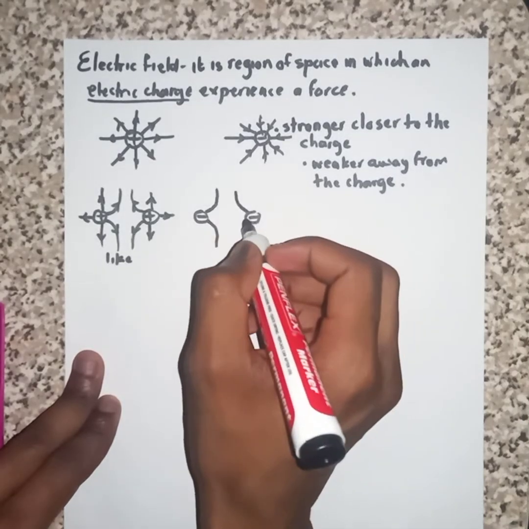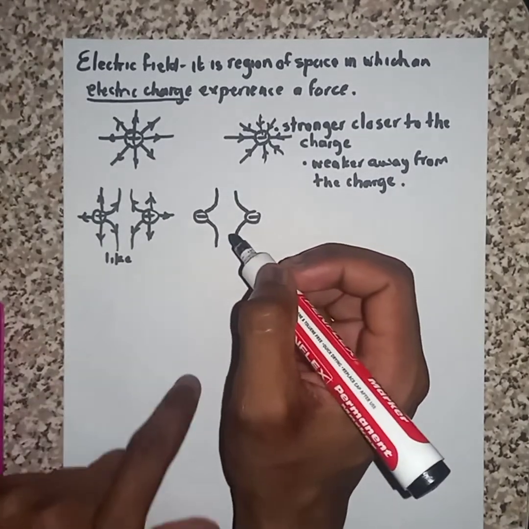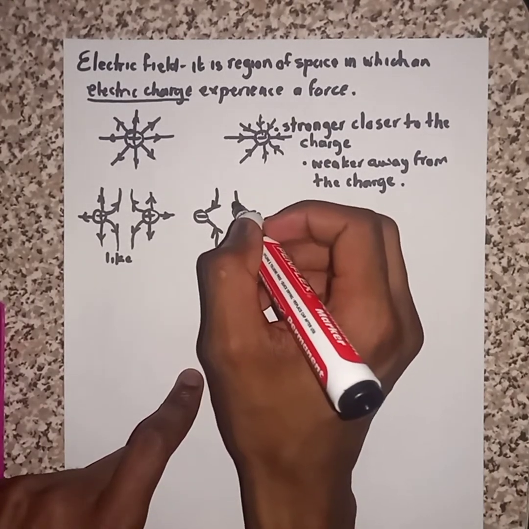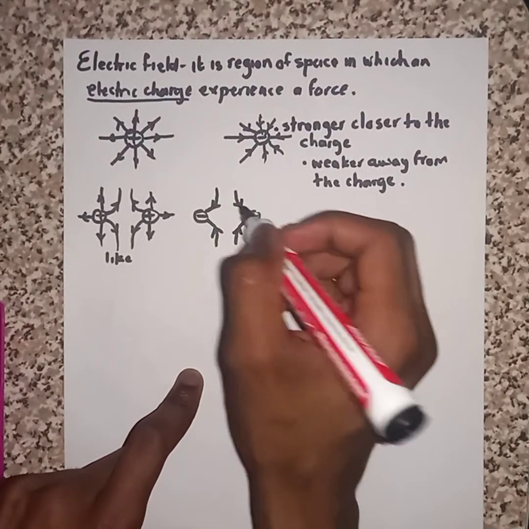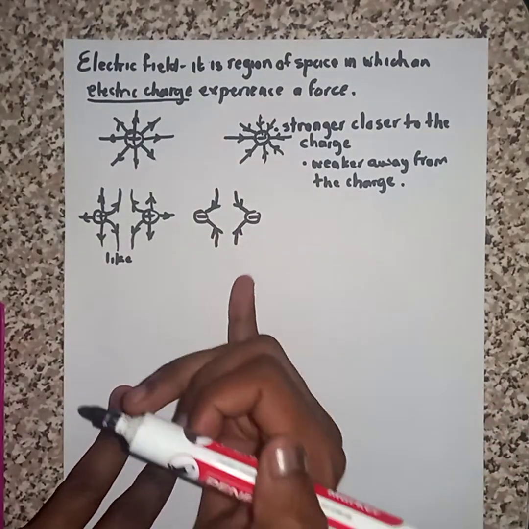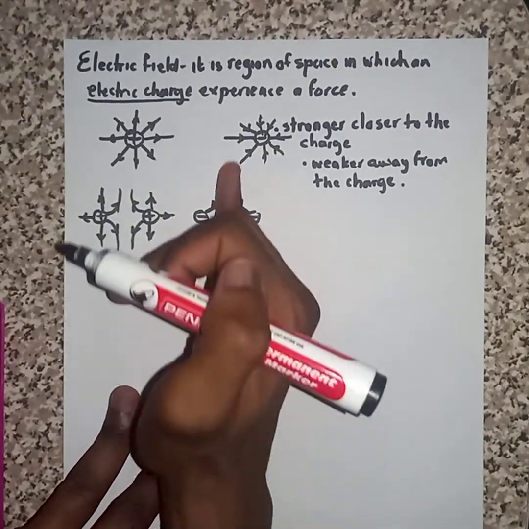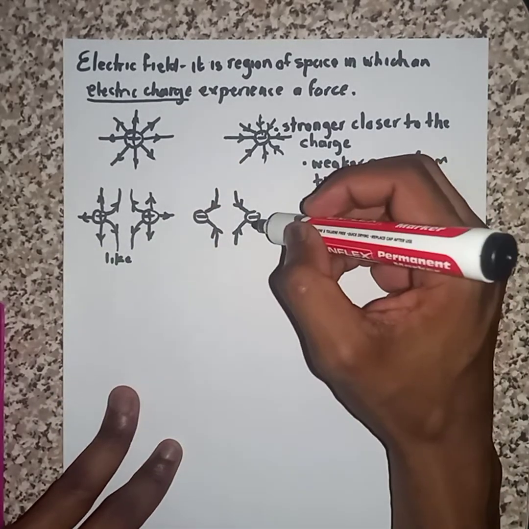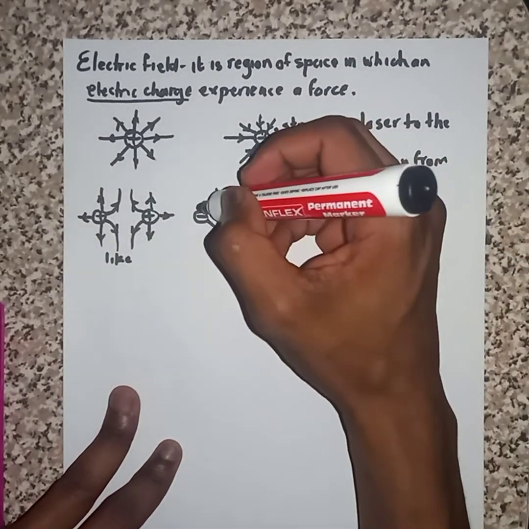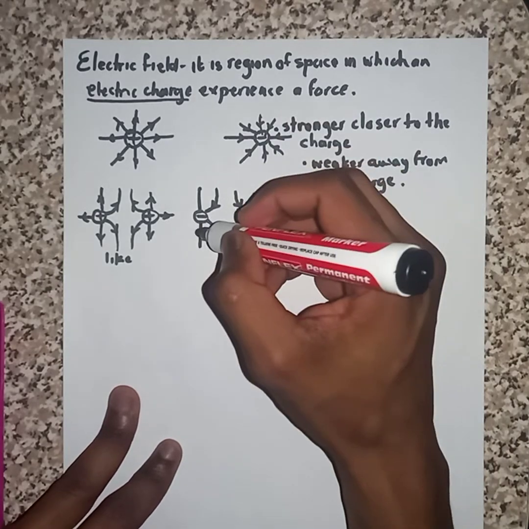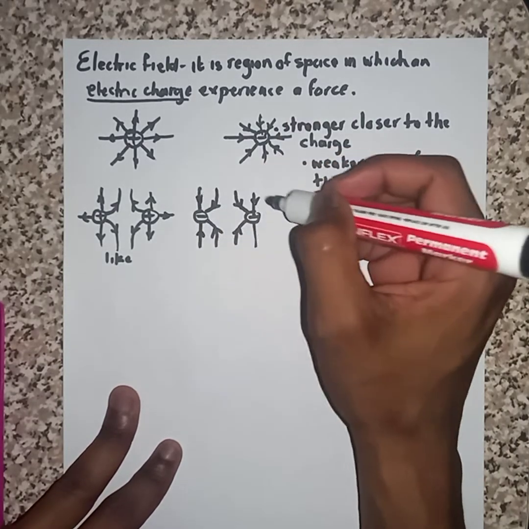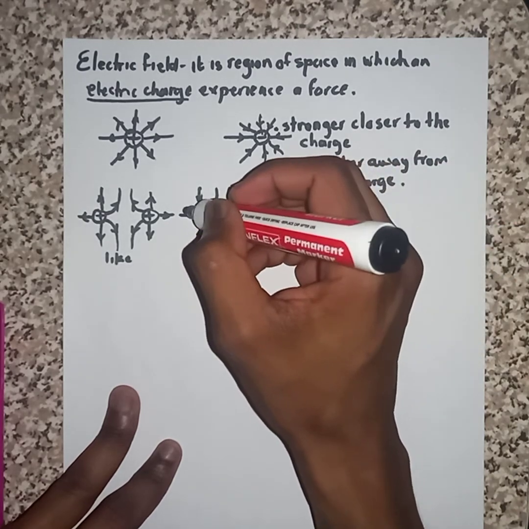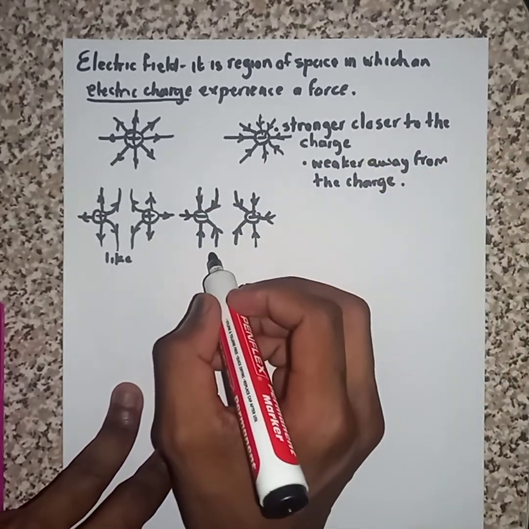Field lines will always point towards the negative. And bear in mind, we have to have this space in between for the like charges. Do you understand? Like charges.